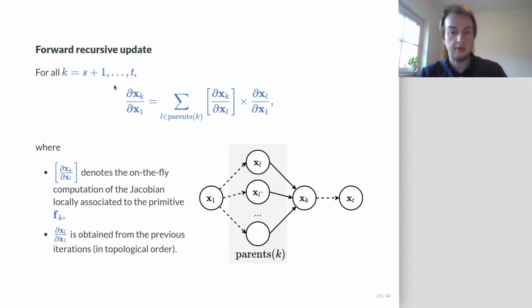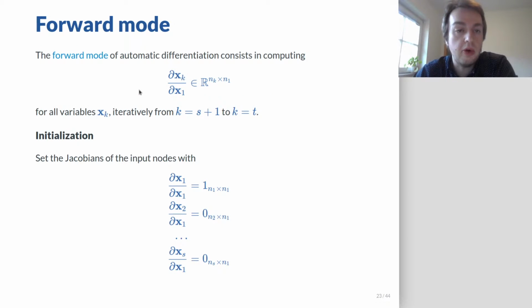Right? And so there is a first way to do it, which is given by the so-called forward mode of automatic differentiation, where the goal is still the same, and the way we do it is by computing Jacobians incrementally, iteratively, from k equals s plus 1 to k equals t.